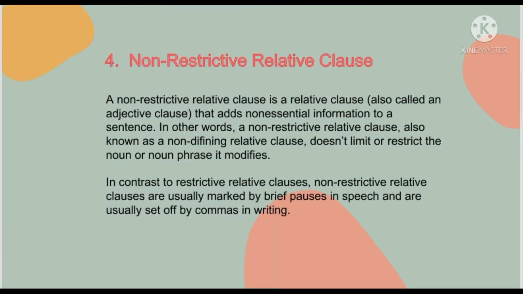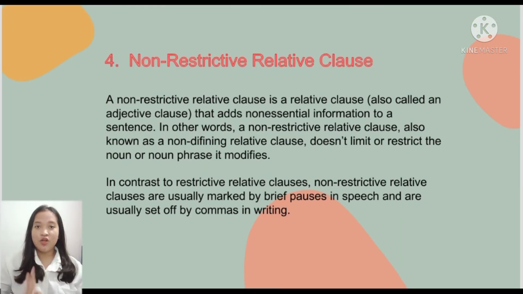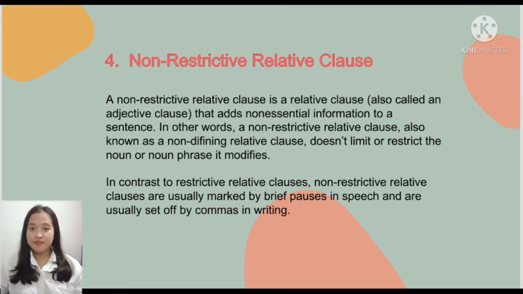Number 4 is the non-restrictive relative clause. It is a relative clause, also called an adjective clause, that adds non-essential information to a sentence. In other words, a non-restrictive relative clause, also known as a non-defining relative clause, doesn't limit or restrict the noun or pronoun phrase it modifies.